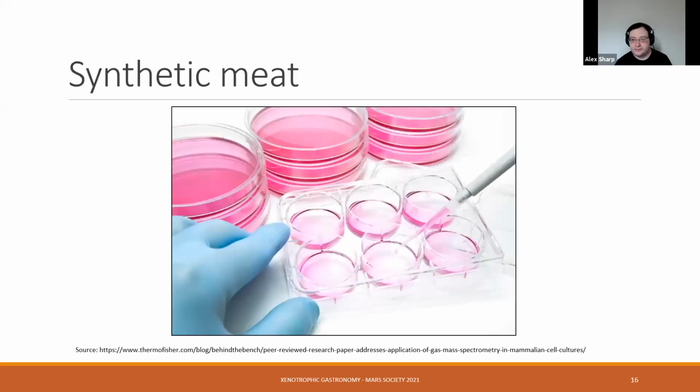So continuing on, synthetic meat. So synthetic meat ends up in the news from time to time. It is a very interesting solution to some of these problems here. The issue with synthetic meat has always been the growth media. It used to be that the growth media was a biological product, so trying to grow synthetic meat on Mars didn't make any sense because it required cows that you didn't have on Mars.